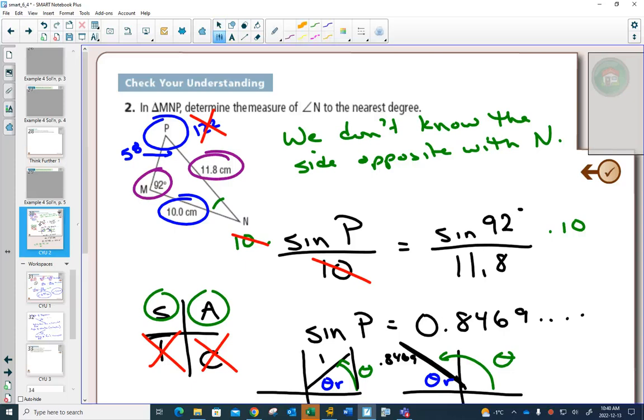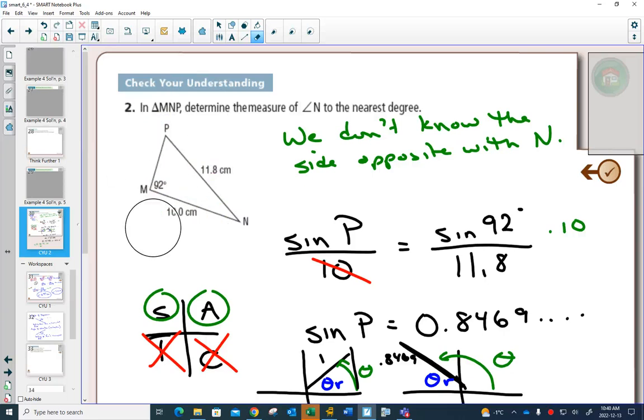Can you see with the angles, I'm going to erase all of this extra stuff here, that the angle that we know is the 92? Can you see that the side opposite that 92, the 11.8, is bigger than the adjacent side of 10?